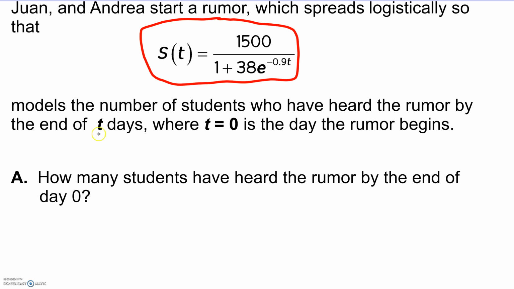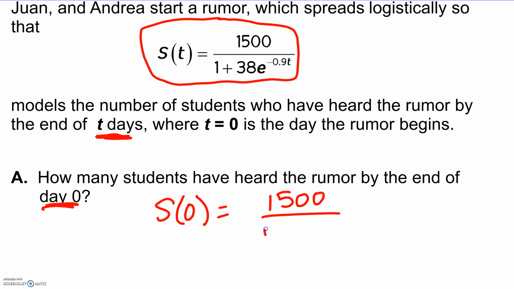Now notice that T is the number of days. So if we're on day 0, we just need to put in 0 for T. So we just basically need to find S of 0, which is 1,500 over 1 plus 38 times e to the negative 0.9 times 0.